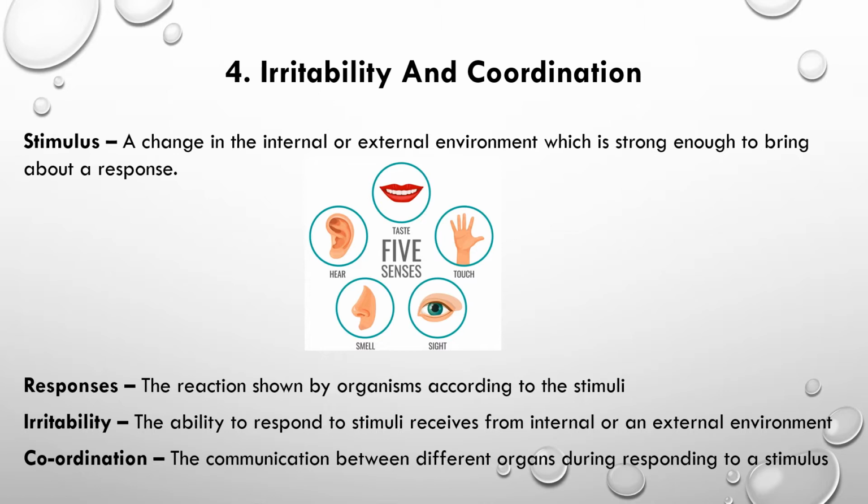So the stimuli are received by the sensory organs, and the response or the reaction may be shown by some other organs. So the communication between the sensory organ and the organ that reacts to that stimulus is called coordination.